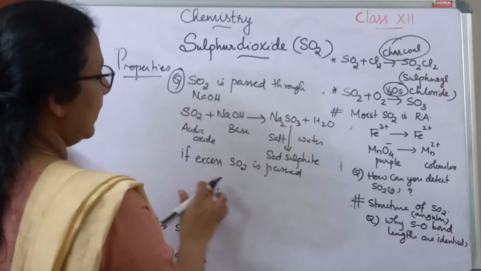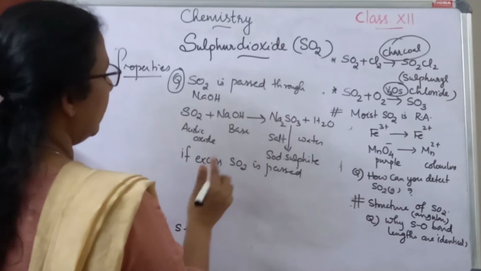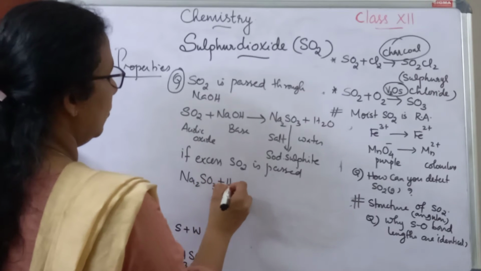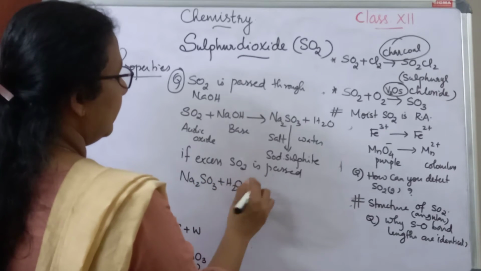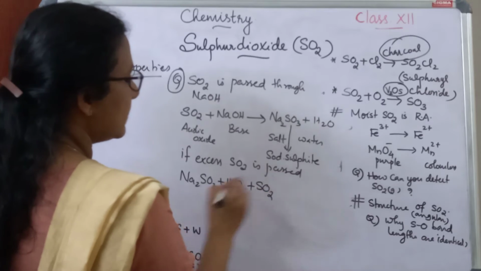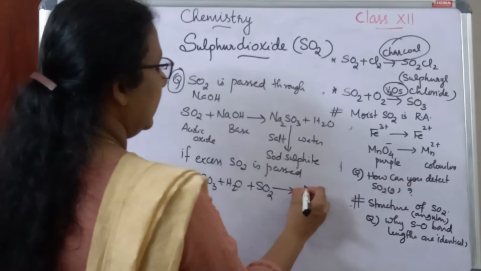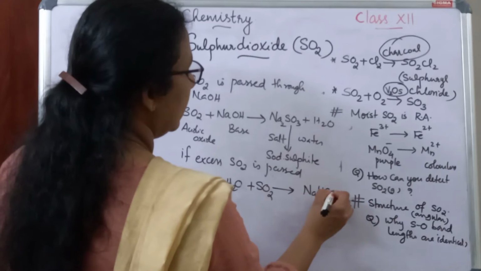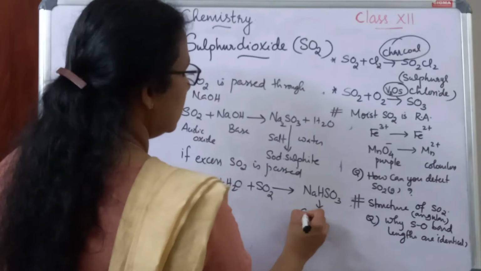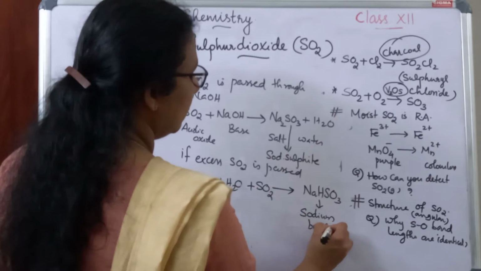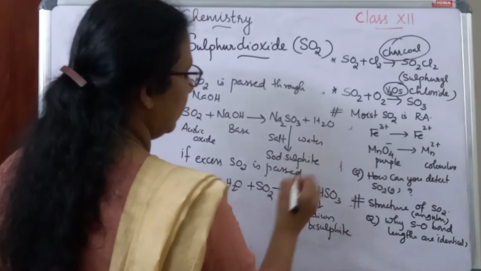If excess sulfur dioxide is passed through this solution of Na2SO3 plus H2O, we will get NaHSO3. So this is sodium bisulfite, or sodium hydrogen sulfite.